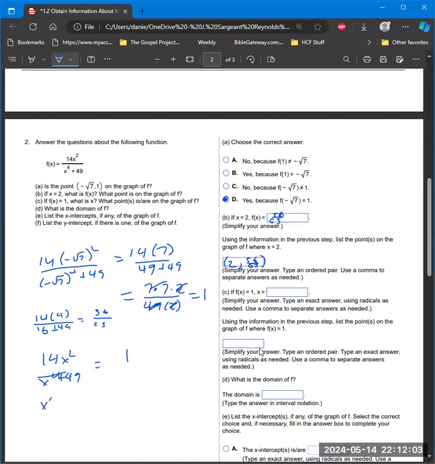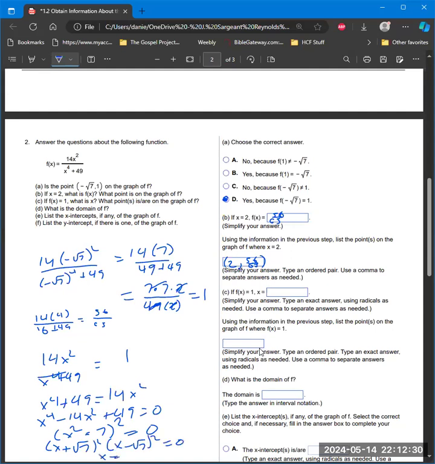This is going to be x to the fourth plus 49 equals 14x squared. x to the fourth minus 14x squared plus 49 is equal to 0. This makes (x squared minus 7) squared equal to 0. (x plus root 7) squared, (x minus root 7) squared.